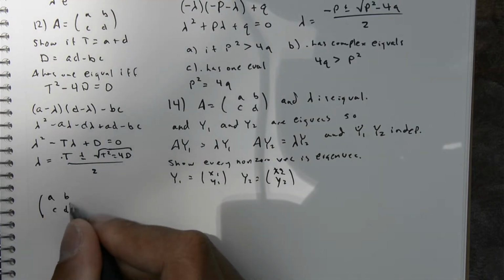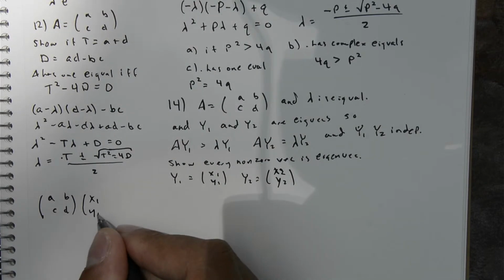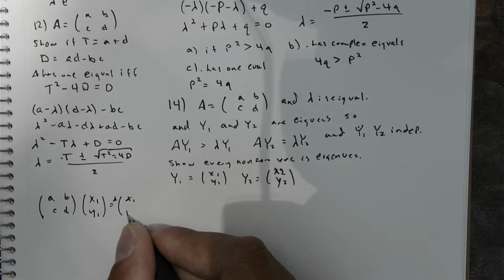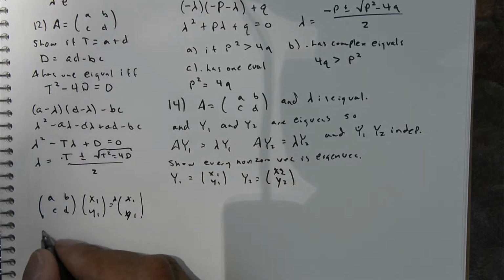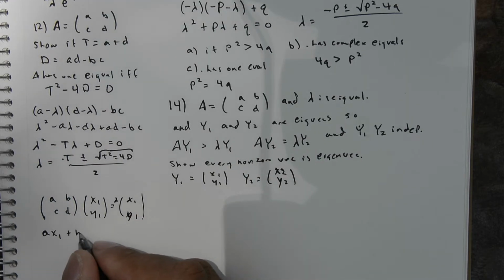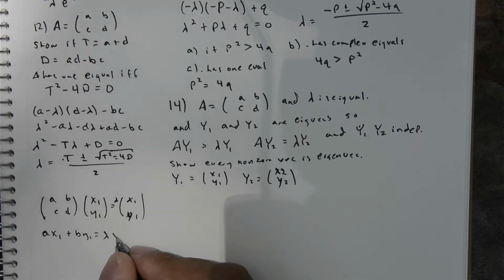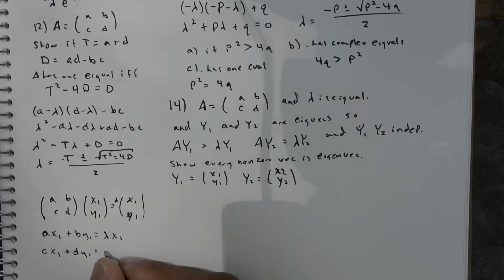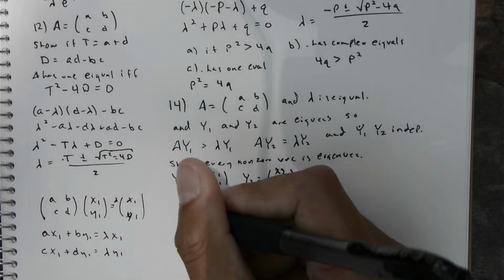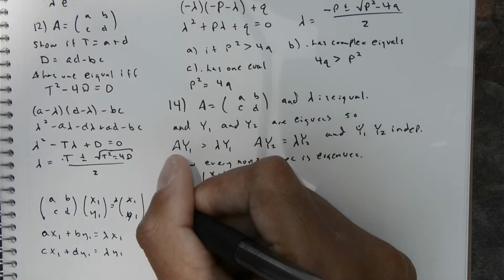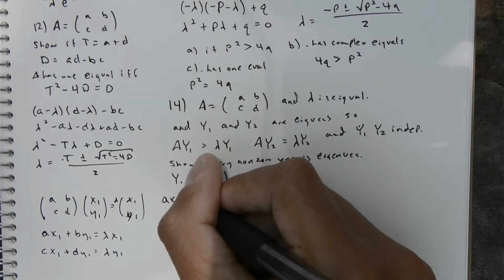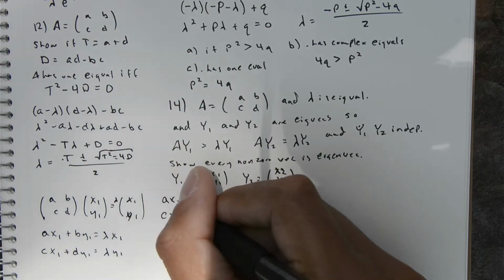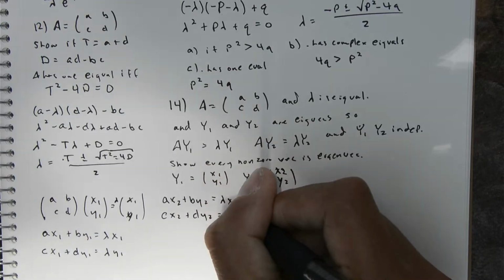So we're going to get a, b, c, d times (x1, y1) is equal to lambda (x1, y1). So this is going to be a x1 plus b y1 is equal to lambda x1. c x1 plus d y1 is equal to lambda y1. So we get these equations, but then we also get a x2 plus b y2 is equal to lambda x2, and c x2 plus d y2 is equal to lambda y2.